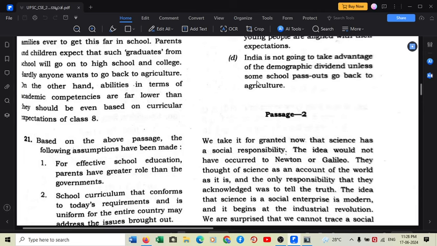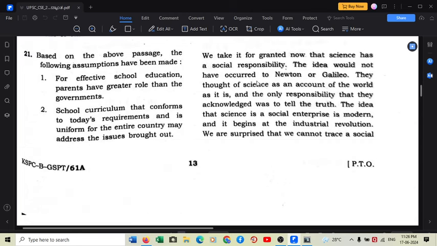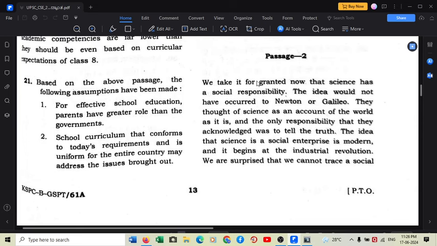The idea would not have occurred to Newton or Galileo. They thought of science as an account of the world as it is, and the only responsibility that they acknowledged was to tell the truth. So they wanted to let people know about the basics of science, basically, right? So the idea that science is a social enterprise is modern, and it begins at the Industrial Revolution.